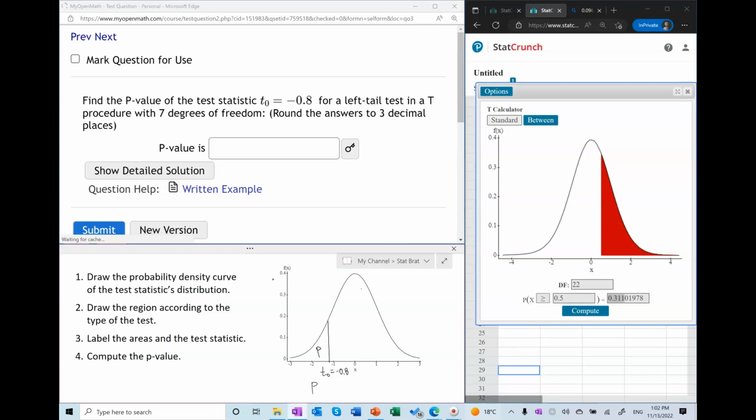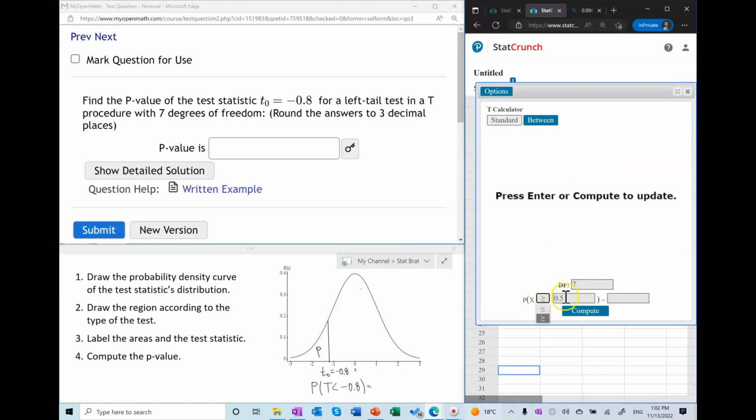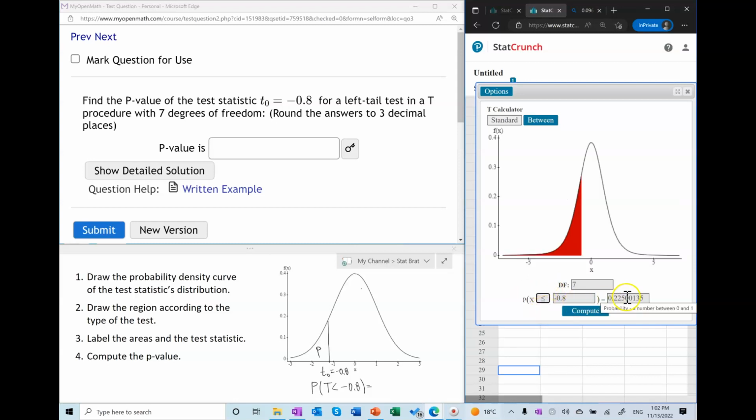So to find the p-value, we have to find the probability of t being less than negative 0.8. To find this, I'm simply going to use the t calculator with 7 degrees of freedom, and I'm going to enter here negative 0.8, and I'm going to make this less than, and this is my p-value.